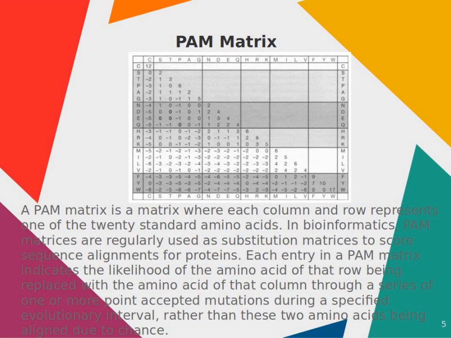Each entry in a PAM matrix indicates the likelihood of the amino acid of that row being replaced with the amino acid of that column through a series of one or more point accepted mutations during a specified evolutionary interval, rather than these two amino acids being aligned due to chance.